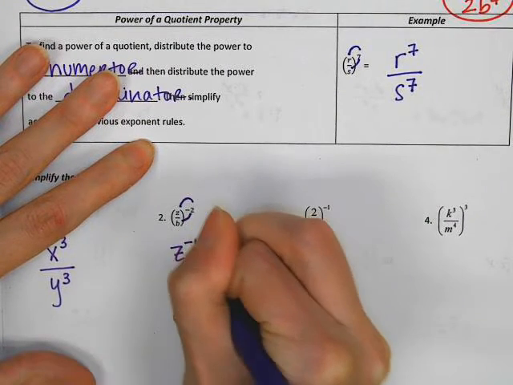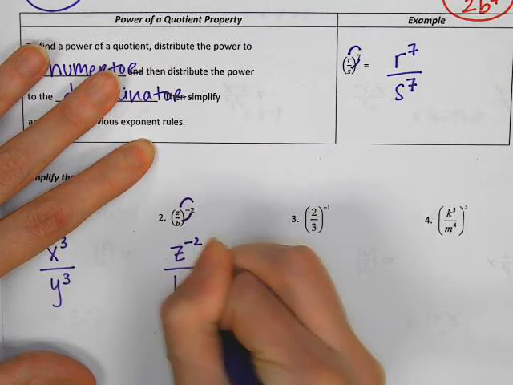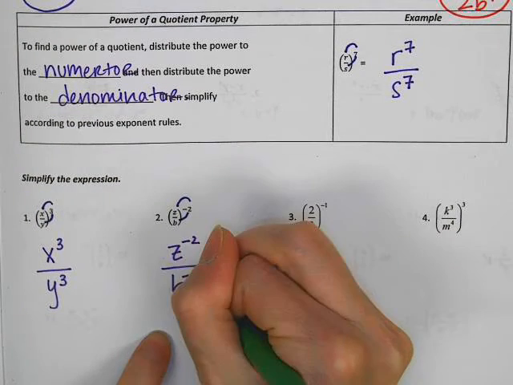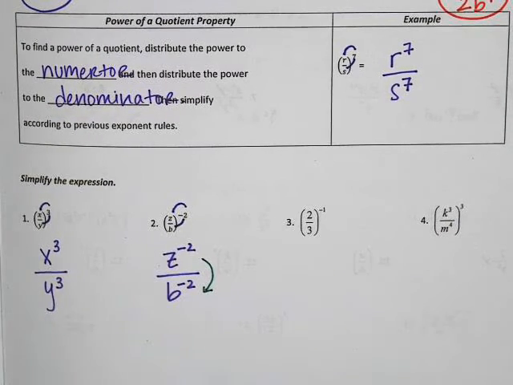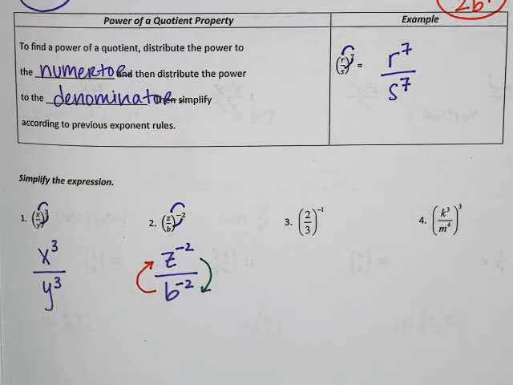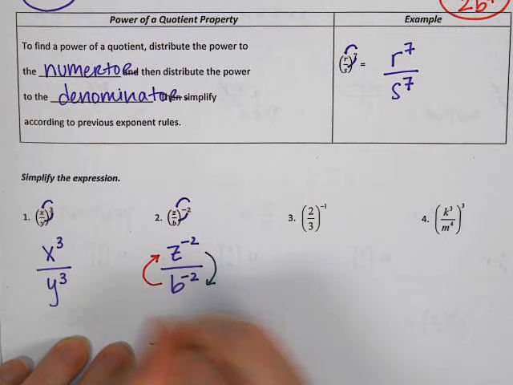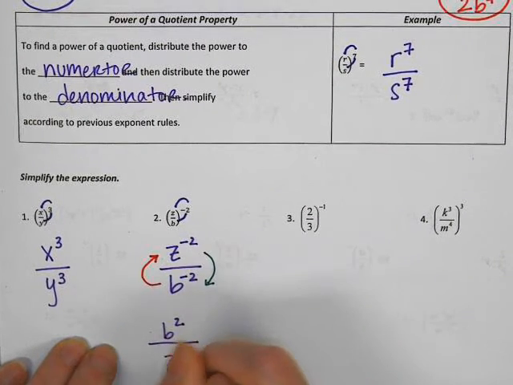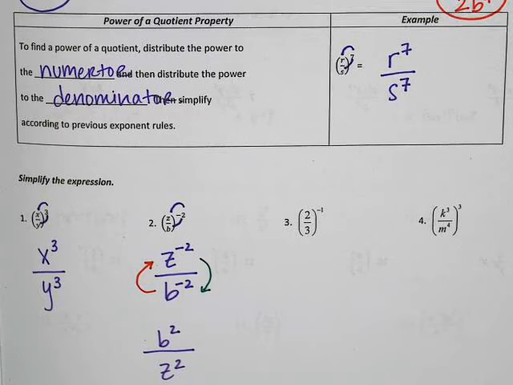So it's z to the negative 2 over b to the negative 2. But if your exponent's negative, drop it like it's hot. If it's negative on the bottom, then you bring it to the top. So we're not done with this one. Final answer is going to be the b squared is going to come up and the z squared is going to drop down.